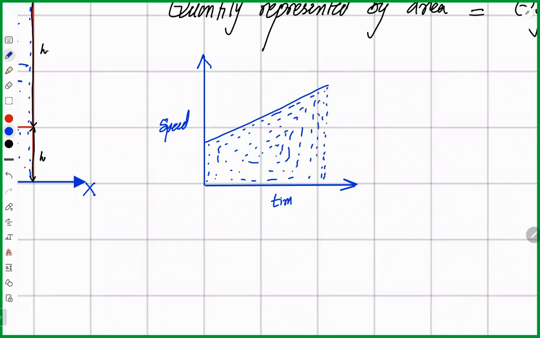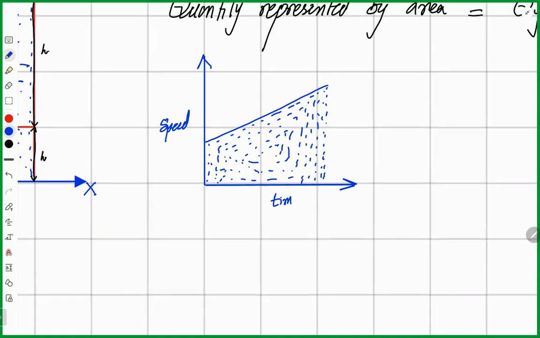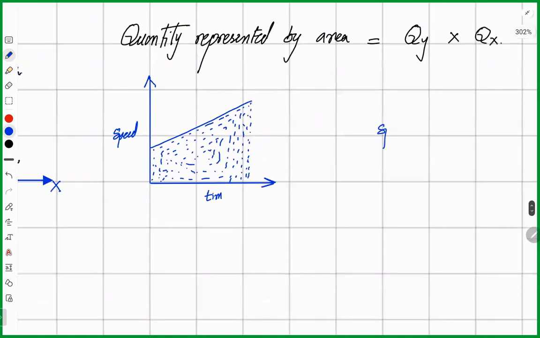What do we get if we multiply speed with time? Distance. Distance equals speed multiplied by time.